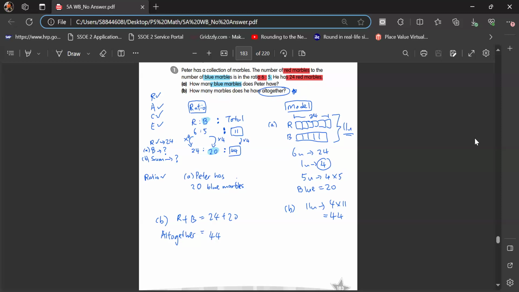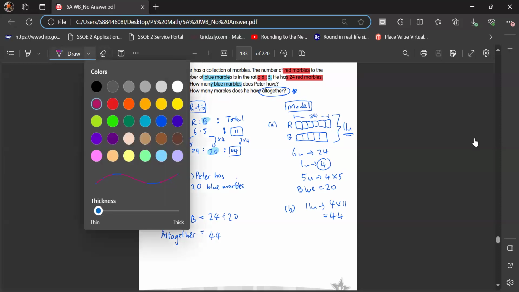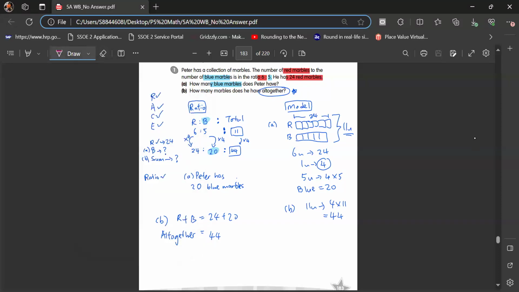On the right side is the model drawing, which I think is helpful to most of us because you put it in a picture, so you can see better. Now, the most important part of solving the question, actually, I'll say, is this part here, the annotation part.